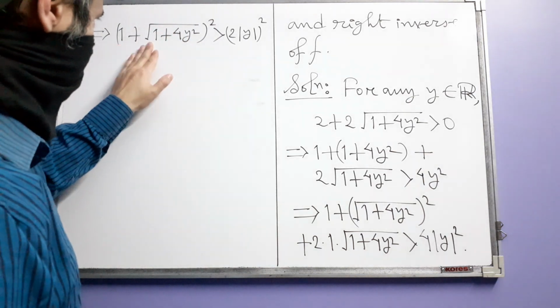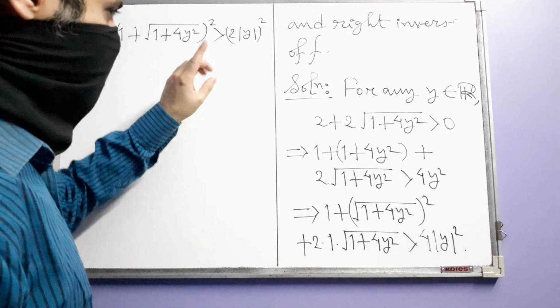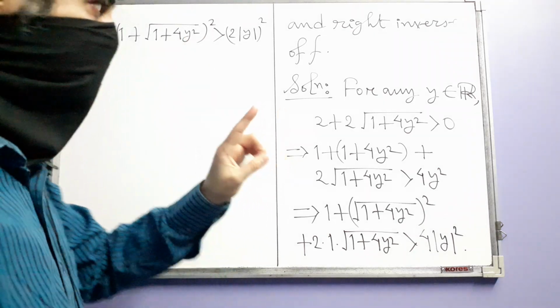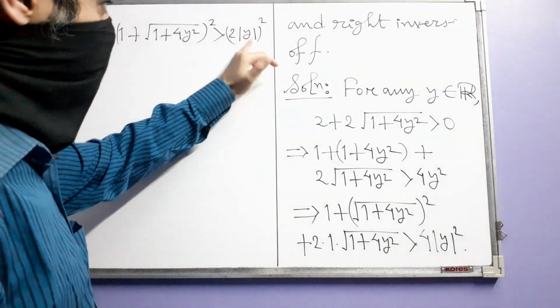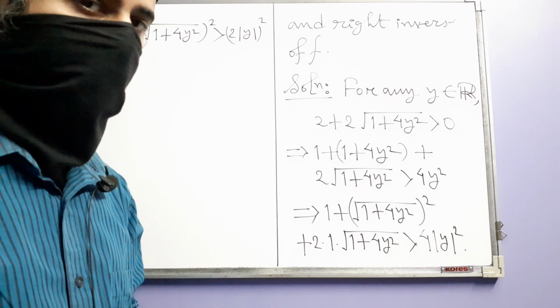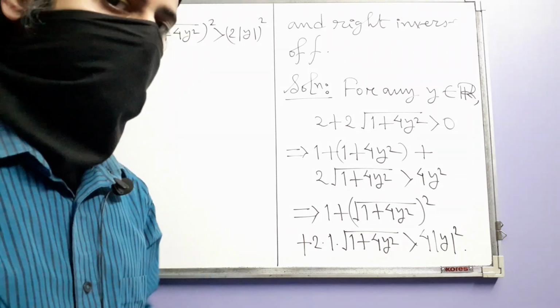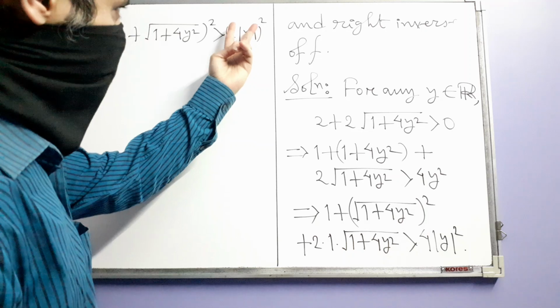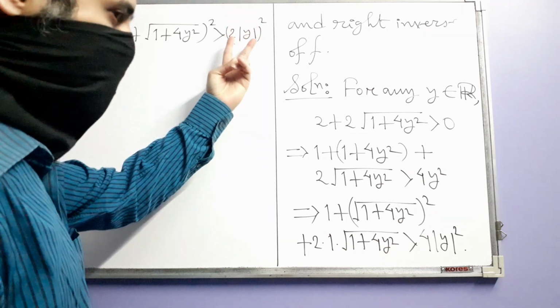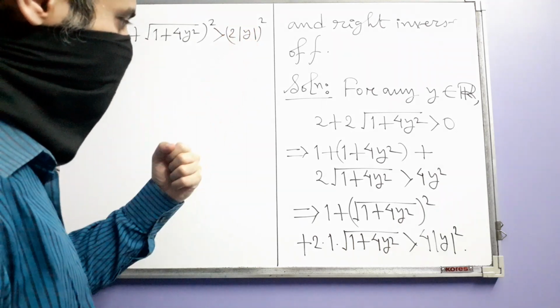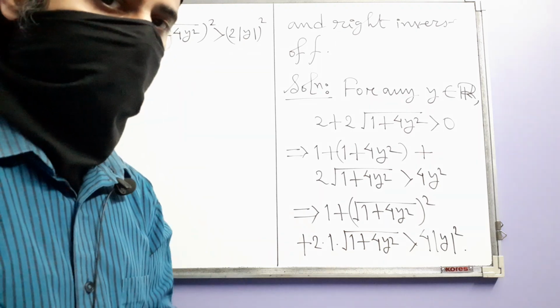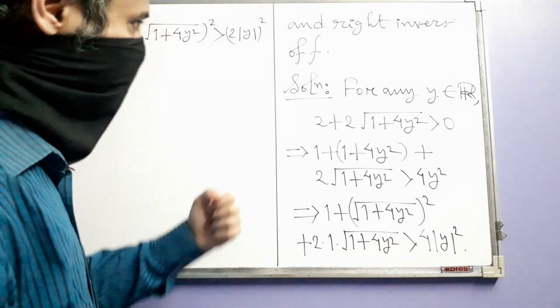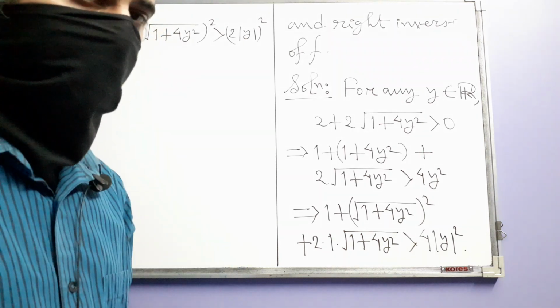That is, this 1 plus square root of 1 plus 4y square is non-negative, actually positive, and this 2 times mod y is also non-negative. But why do we need that actually? Why do we insist that we should have something positive or at least 0 when lifting square from both sides of an inequality? What can go wrong if that is not the case?